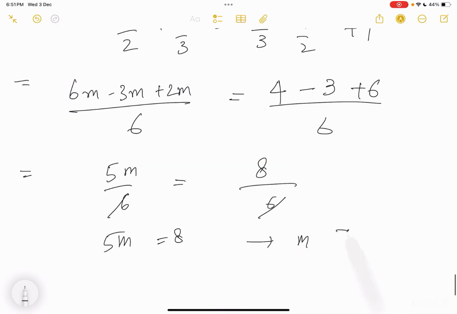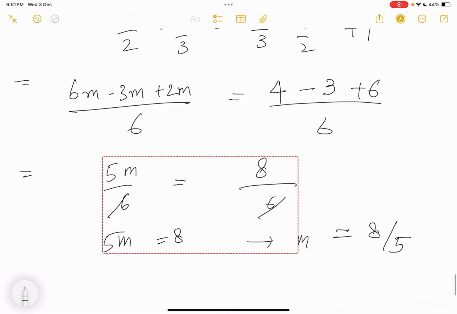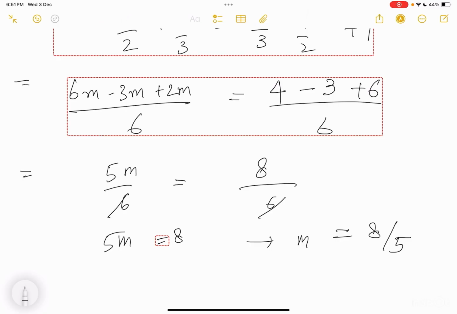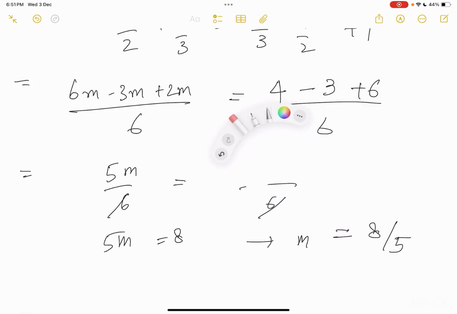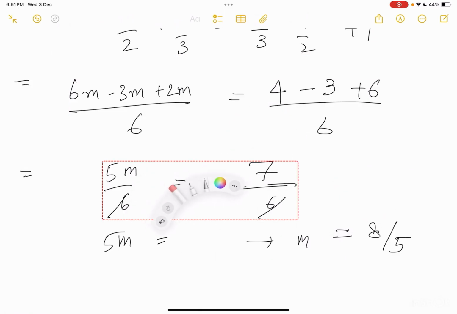So m is equal to 8 by 5, dividing both the sides by 5. Okay, any doubt you need to comment to me. Okay, I'm really sorry over here. It is actually 7. I'm sorry. Okay, this is 7.